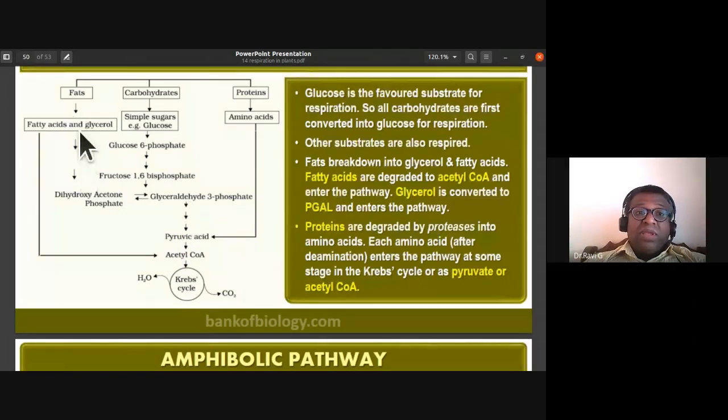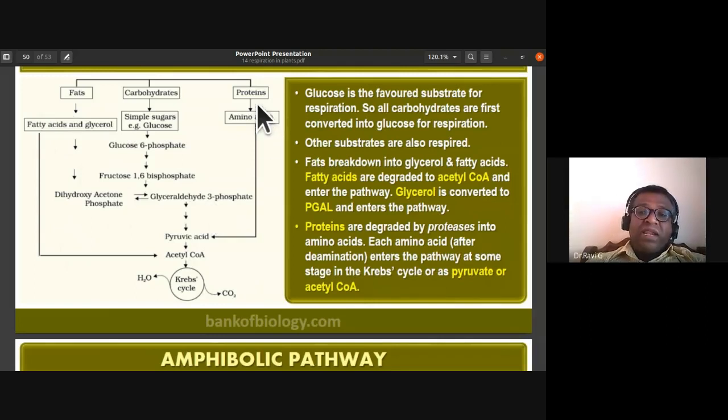So this is how the fatty acid and glycerol enter: fatty acid directly enters the Krebs cycle as acetyl coenzyme A, and glycerol is converted to phosphoglyceraldehyde and enters the glycolysis pathway from the phosphoglyceraldehyde stage.